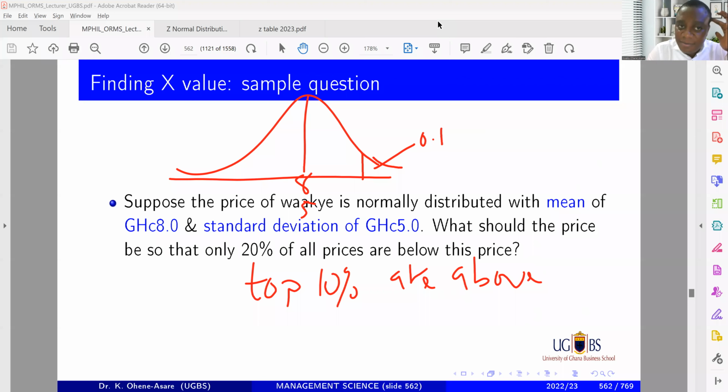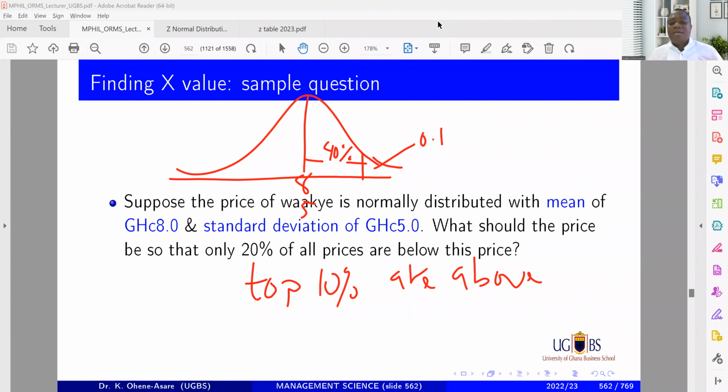Always remember that whenever there is 60%, you throw away the 50% and handle the others. Whenever there is 70%, you throw away the 50 and handle the 20. Whenever there is 90, you throw away the 50 and handle the 40. So the gap here is going to be 40%.